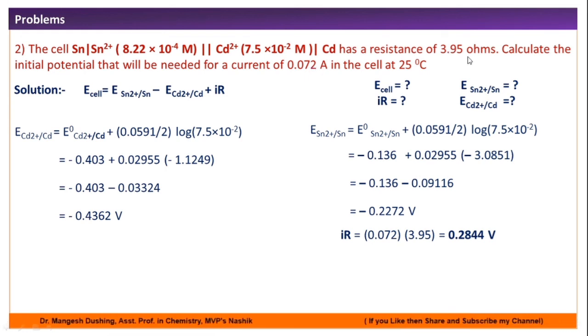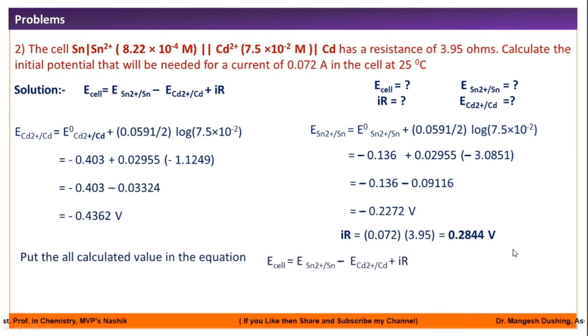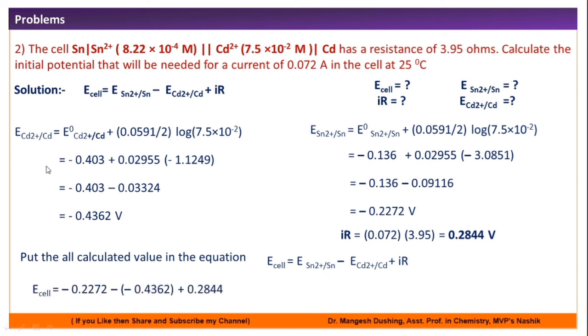The resistance is 3.95 ohm. So the IR drop will be 0.2844 volt. If you put all these values into this formula, we get the cell potential, that will be plus 0.4934 volt.